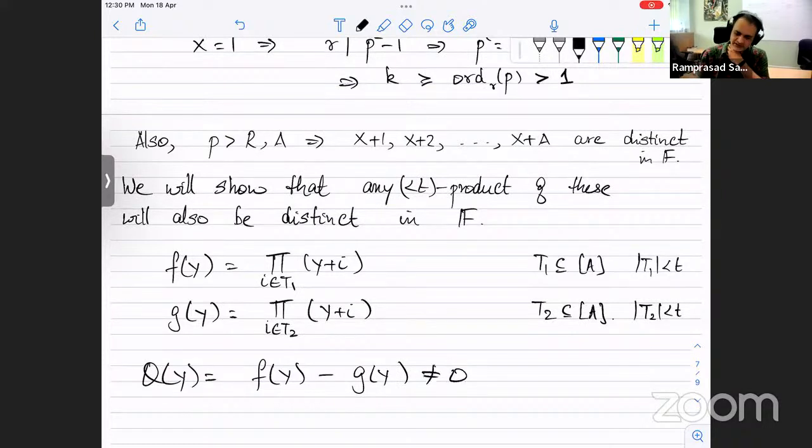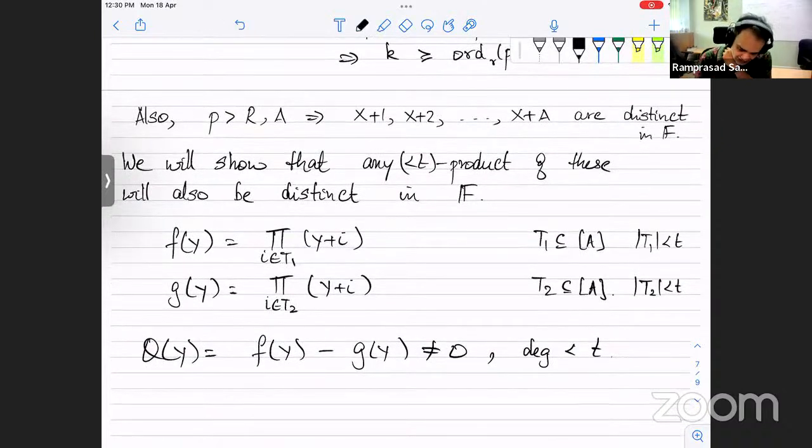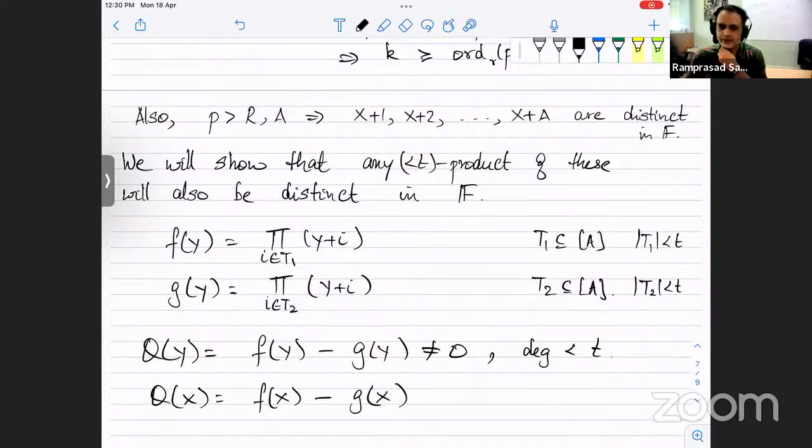I know this is not equal to 0, and it has degree strictly smaller than t. I want to argue that this has way too many roots. One thing I know is that q(x) is equal to f(x) minus g(x).